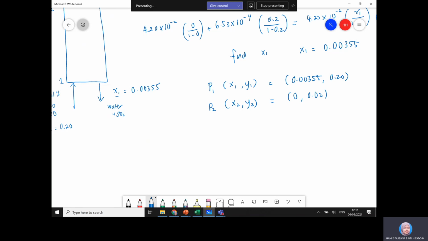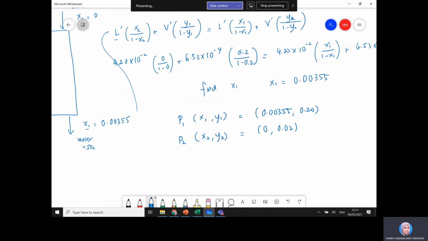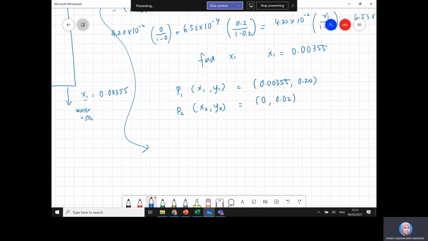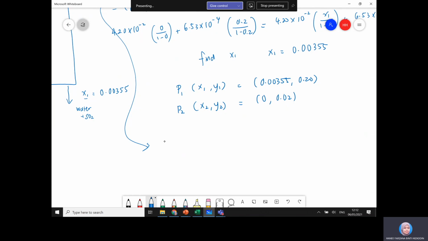But we need to find some intermediate points, so we need a general equation for the operating line. We can adapt from here. We put in the L prime, 4.20 times 10 to the minus 2.